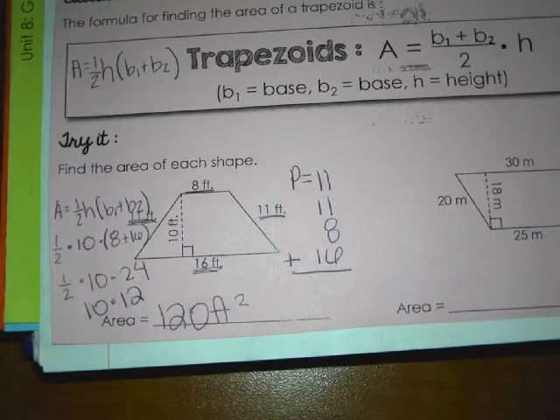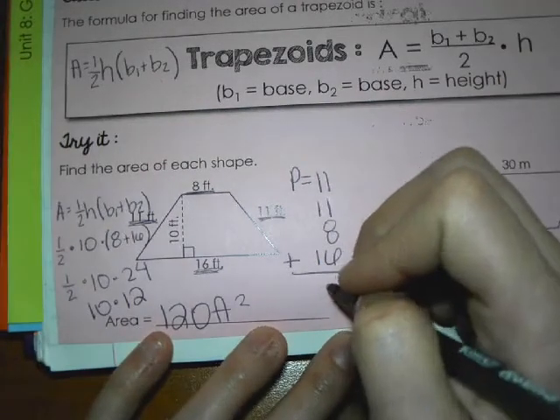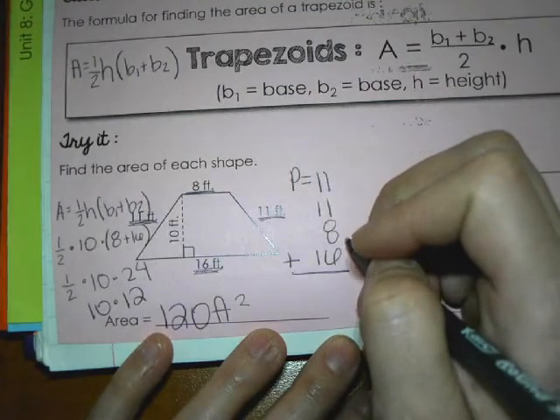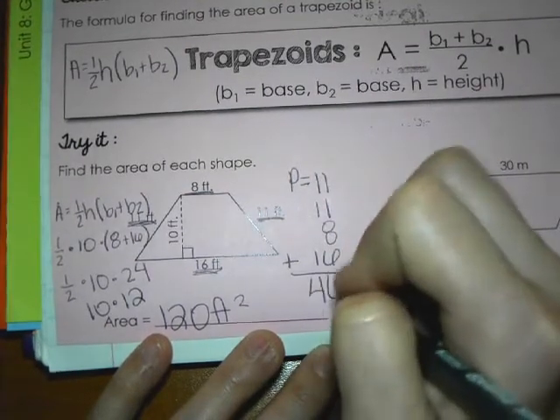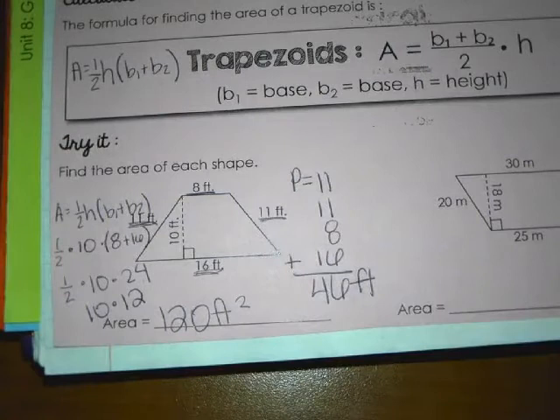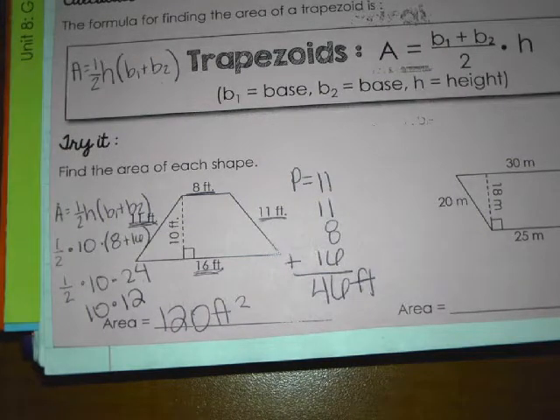What did we get, you guys? 46? Very good. Questions so far?